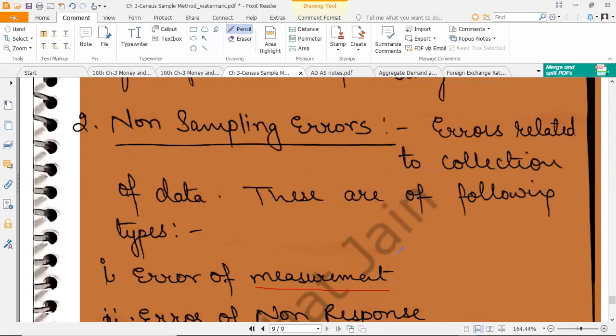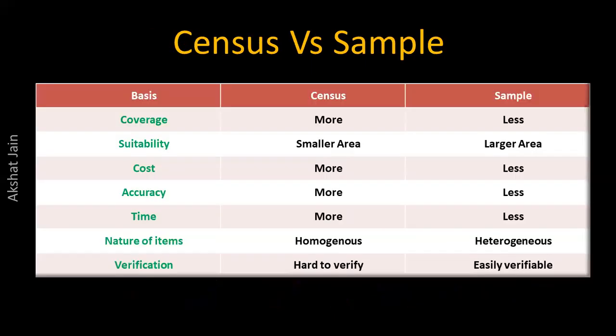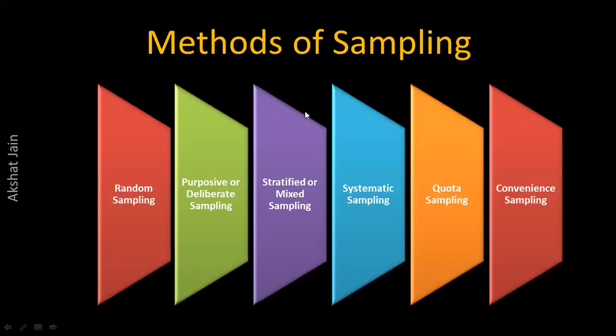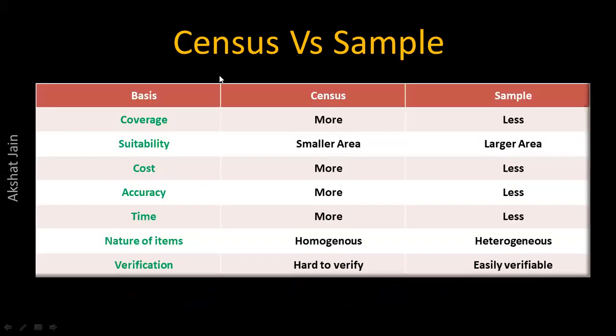So with this, we conclude our chapter number 3, census and sample methods of data collection. Let us quickly recall what we have done today. We did systematic sampling, quota sampling, and convenience sampling. Then we moved on to the difference between census and sample.